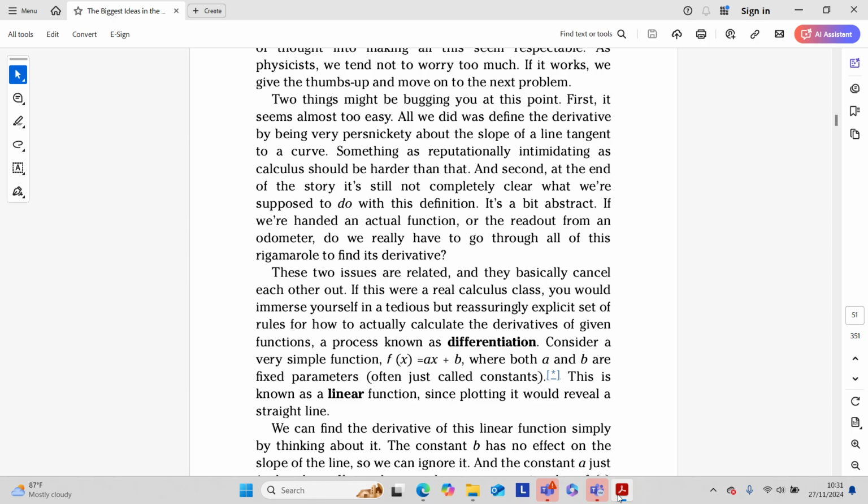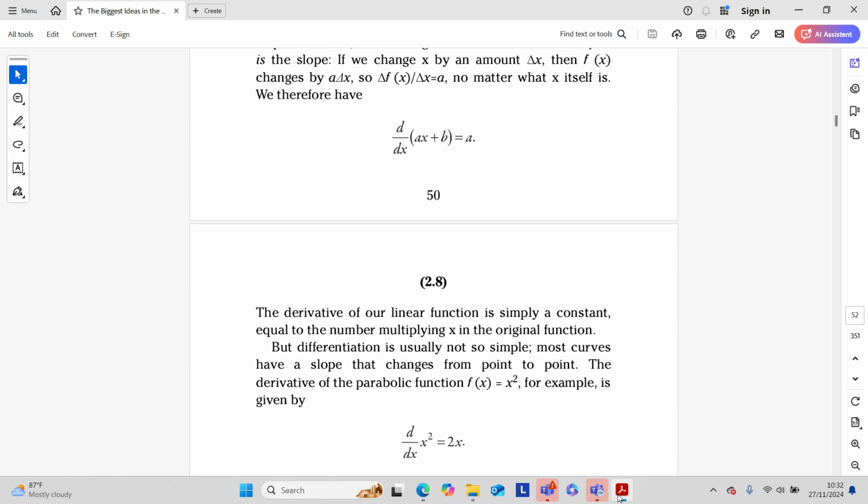We can find the derivative of this linear function simply by thinking about it. The constant b has no effect on the slope of the line, so we can ignore it. And the constant a just is the slope. If we change x by an amount delta x, then f(x) changes by a delta x.